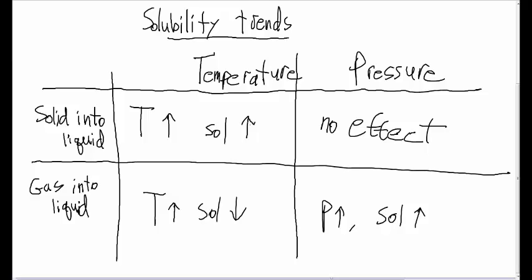Another situation where this is important is inside our bodies. Air is 80% nitrogen, and so is the gas in the scuba tanks. And when people go scuba diving and they go significantly deep underwater, the pressure on them increases significantly.